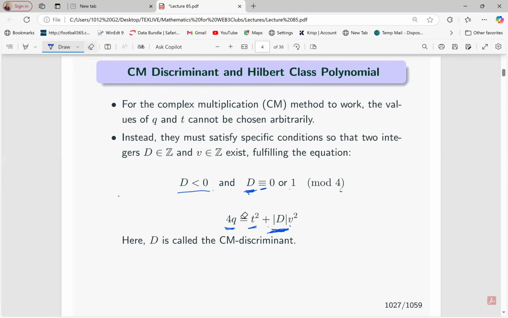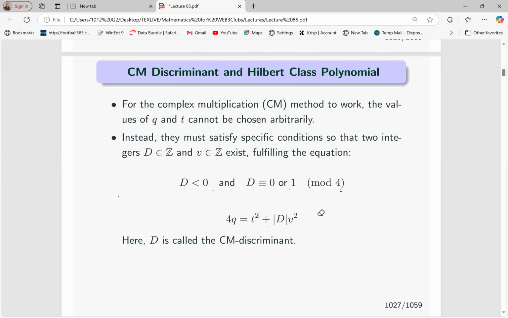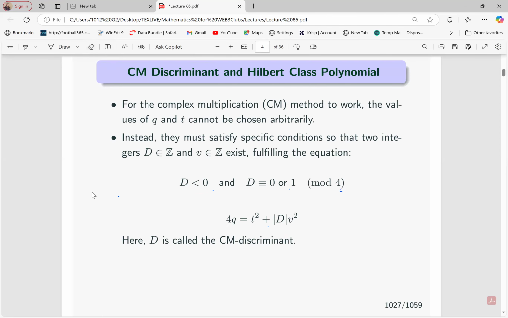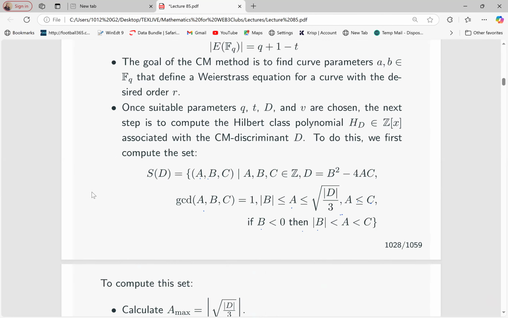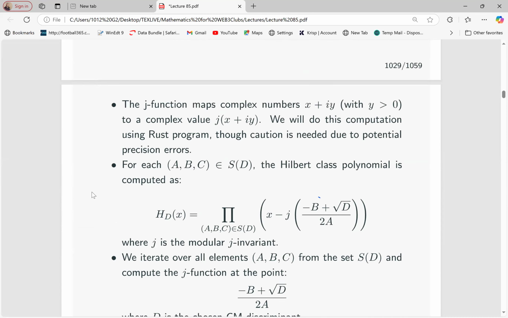Let's now go to our example and see how this works. A very interesting thing. Very interesting calculations here.